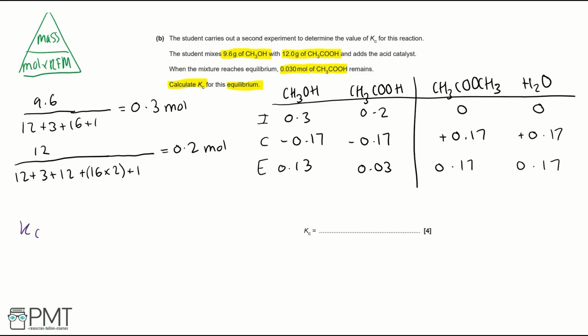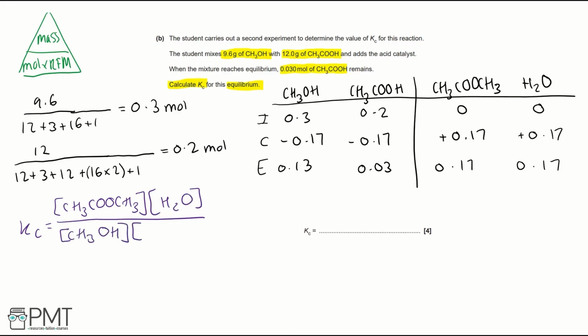So Kc is equal to the concentration of our ester, CH3COOCH3, multiplied by the concentration of water, divided by the concentration of methanol, then multiplied by the concentration of ethanoic acid, CH3COOH. So we don't have the volume, but that doesn't matter because the volumes will cancel out.